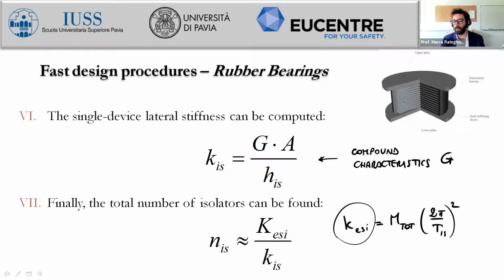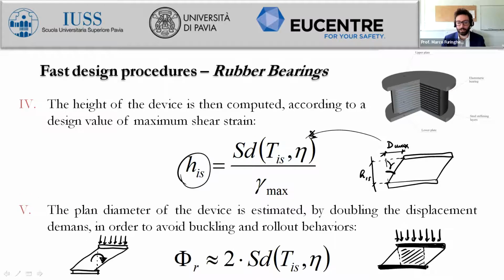So you see that it is quite straightforward, quite easy. There are very easy assumptions based actually on the general parameters that are assumed in design. And maybe the main parameters that we have to guess are actually the maximum shear strain, but generally it is equal to 100%.